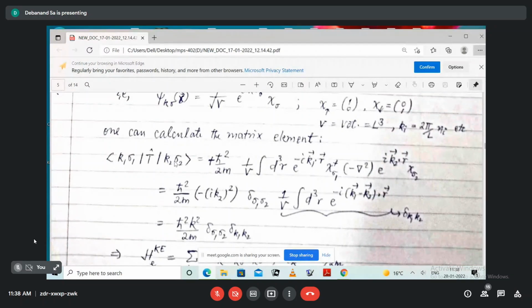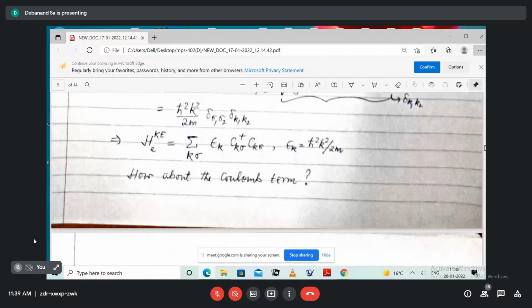Your sigma 2 sum can be taken out by this, and the k2 sum will be taken out by the delta function. So you'll have k1 sigma 1, and then ck sigma dagger ck sigma, it is going to come out to be.